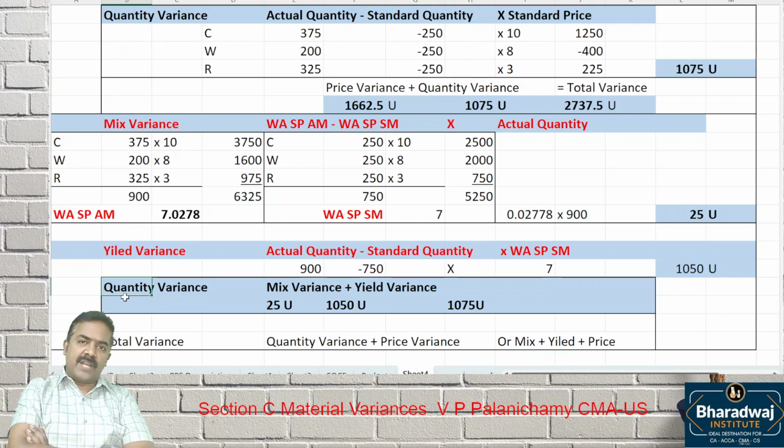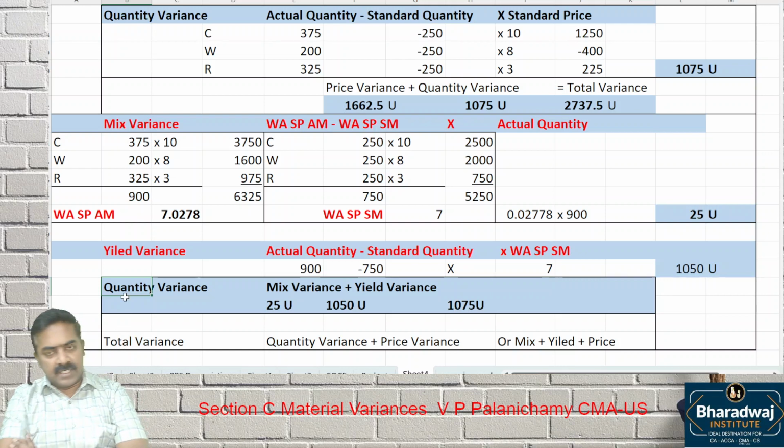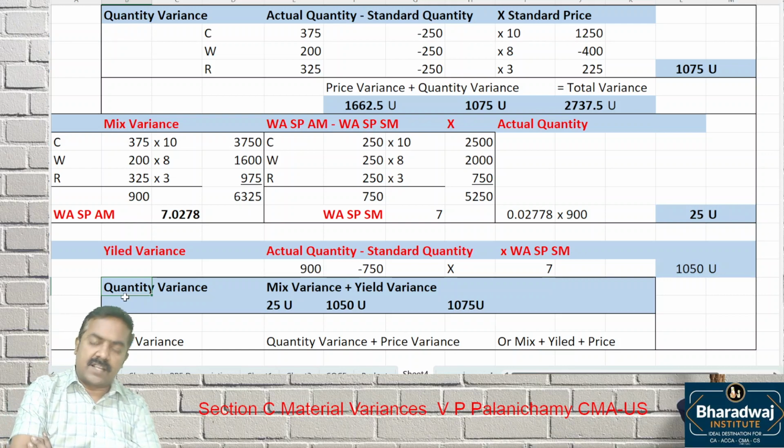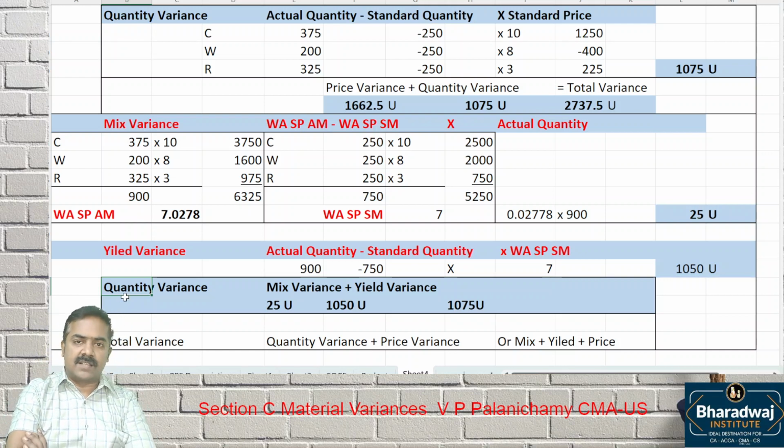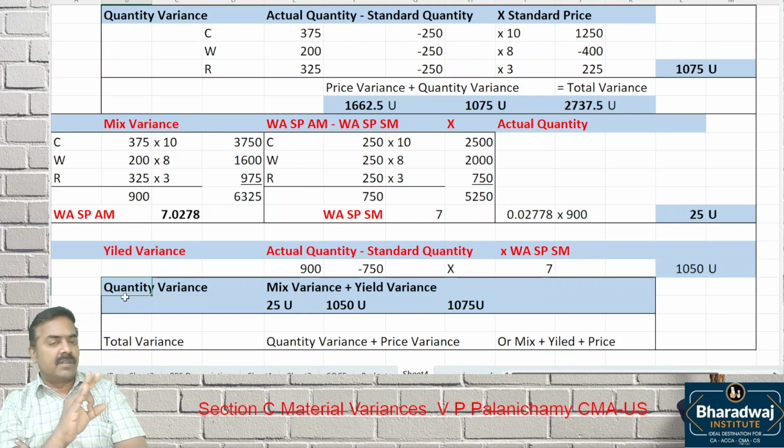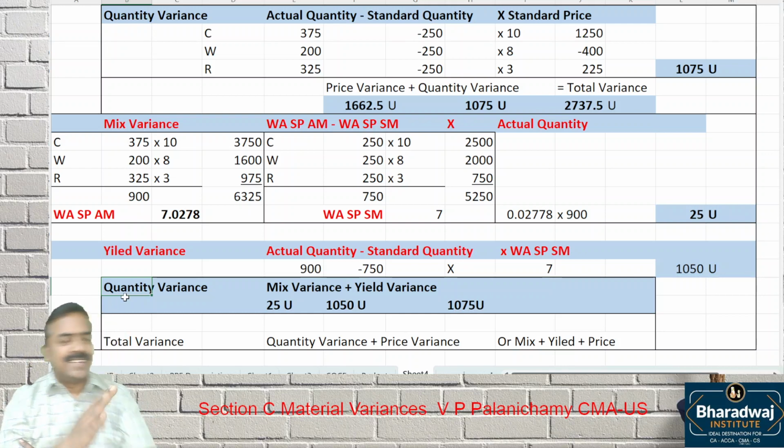Please remember, we are working out only which variance. In section C, there are budget variances we had seen in the last class, static and flexible budget variances we had seen in the last class, then reporting for variances we had seen, then there are multiple variances: material variance, labor variance, variable overhead variance, fixed overhead variance, sales variance.